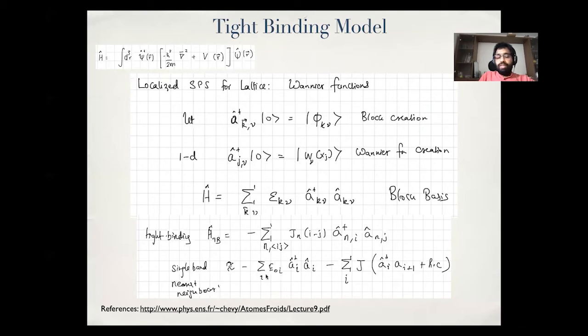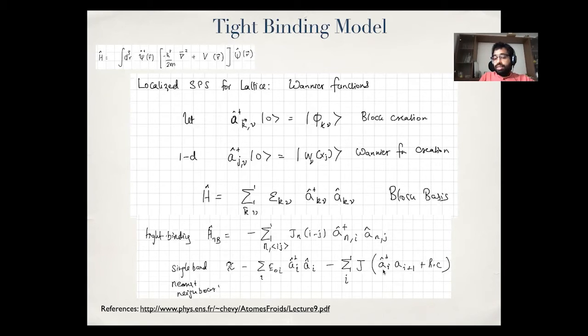After a little bit of simplification, this tight binding Hamiltonian gives you the following picture. Each individual well has some energy, and you have a sum over i with A i dagger A i plus 1. A i dagger creates an atom at the position i, the minimum of the ith well of your lattice.